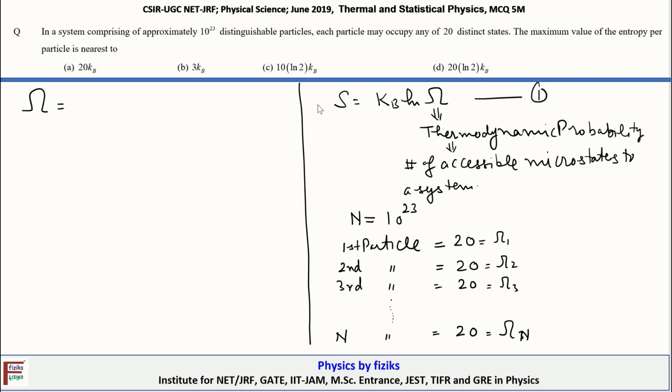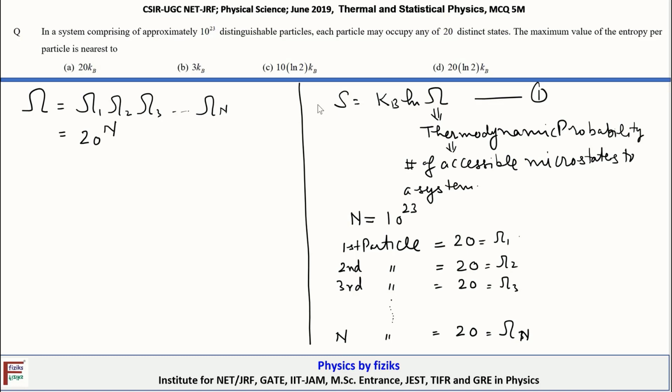Now omega 1 is independent of omega 2, and omega 2 is independent of omega 3. All these are not correlated with each other. Therefore the total probability will be the product of all these quantities, omega 1, omega 2, omega 3, and so on up to omega n, and that will be simply 20 power n.